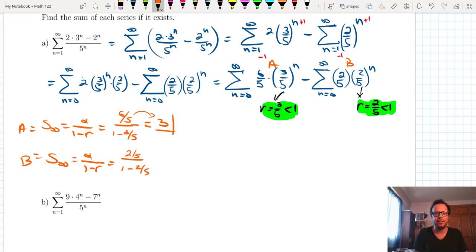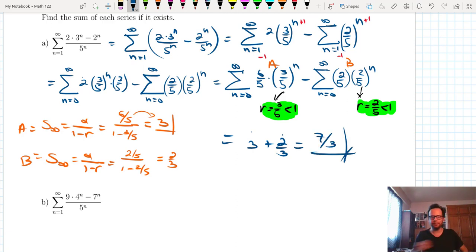Okay, so not 2/5, yes, 2/5. And you should get, in this case, 2/3 at the end. So this means that this sum will be 3 plus 2/3, which is the sum of each series. Add up the two quantities, and what are we going to get? You should get 7/3. Final answer.